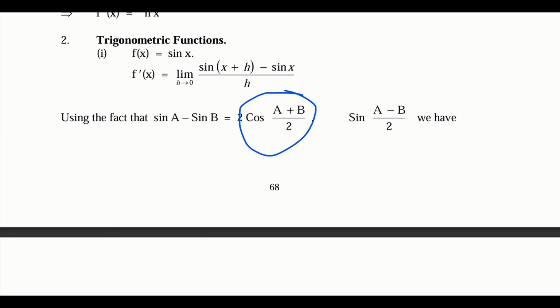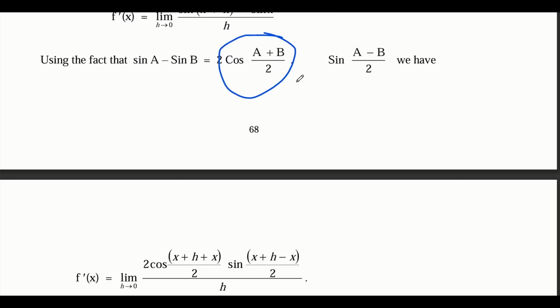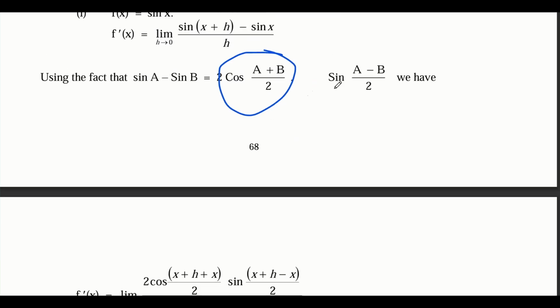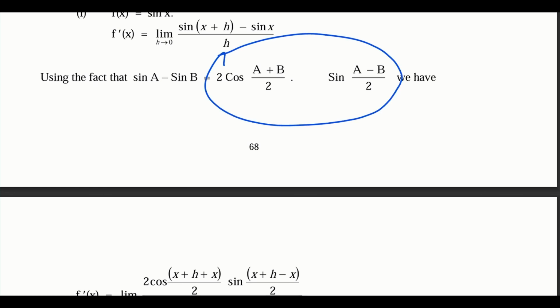And that multiplies sine of A minus B over 2. Yes, if you do remember your multiple angles from SHS, that's how it works. So if you have sine of A minus sine of B, it's just twice the cosine of the summation of the angles over 2 times the sine of the difference of the angles over 2.